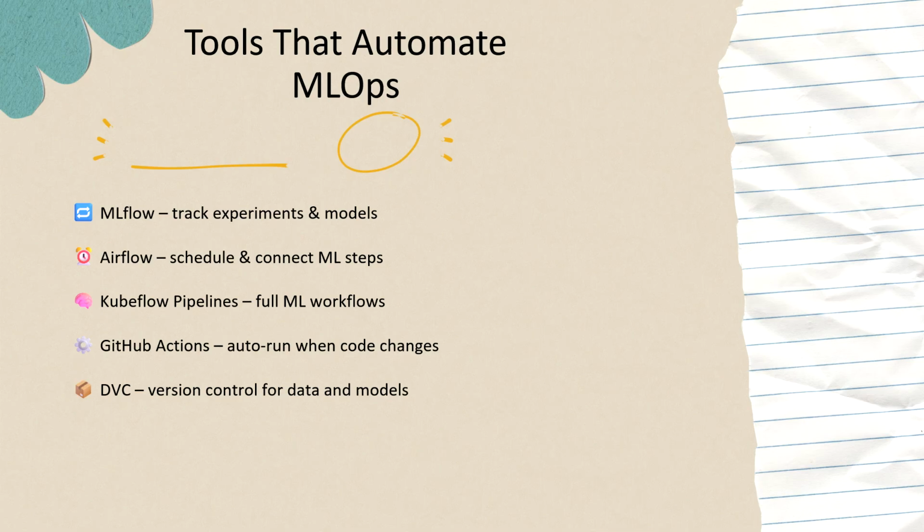We have Airflow as well, which schedules and runs the steps like a flow chart. Kubeflow gives advanced orchestration of ML workflows, and GitHub Actions is for automatic training and deployment from code pushes. DVC, data version control, tracks changes to data and models, like Git tracks code.